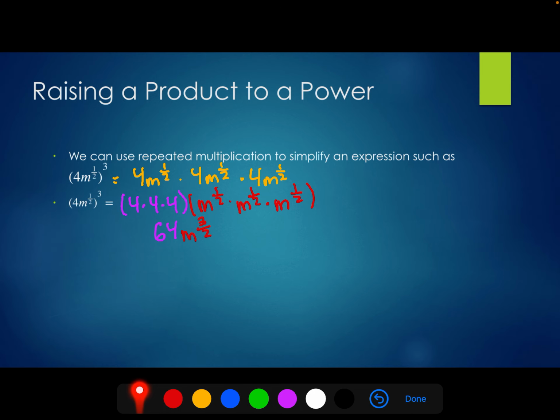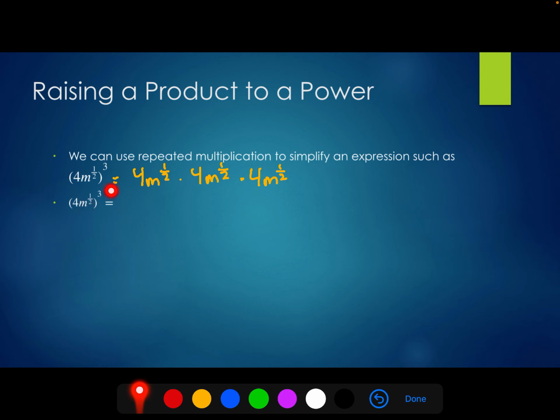Now, let's take a look at doing it a little bit differently. All right, so now let's get rid of all of this. Another way we can do it is by distributing this exponent of 3 to each term inside of here.